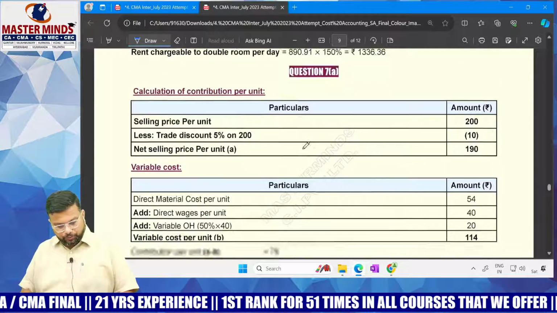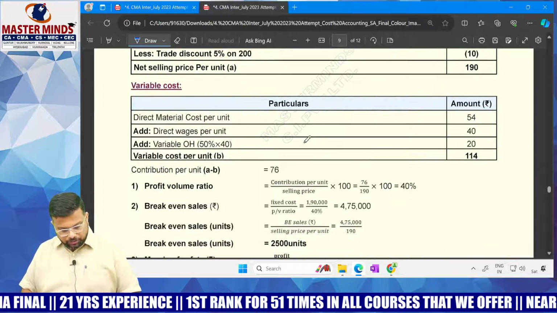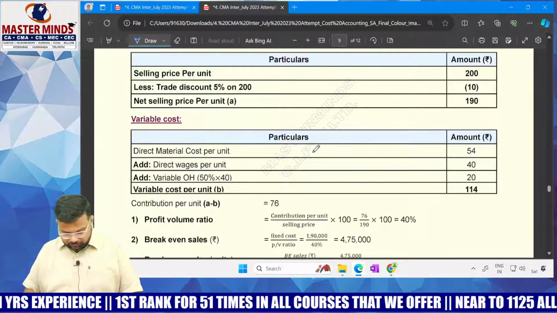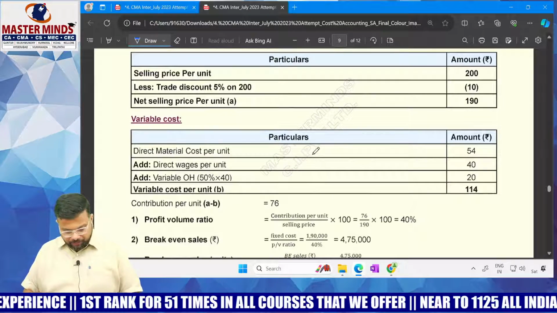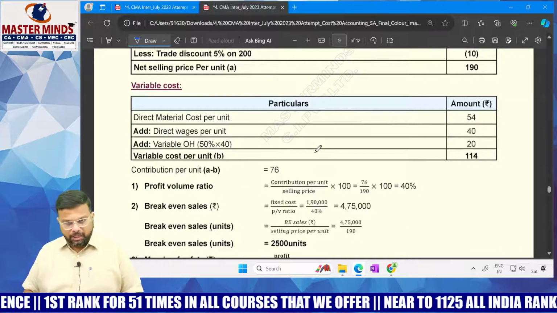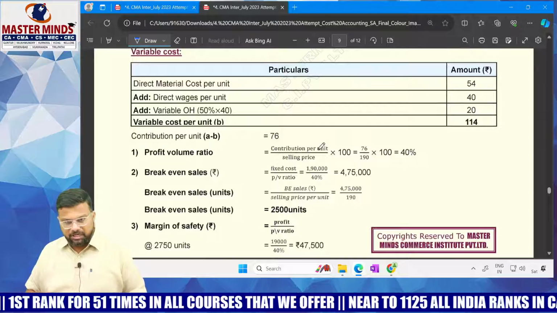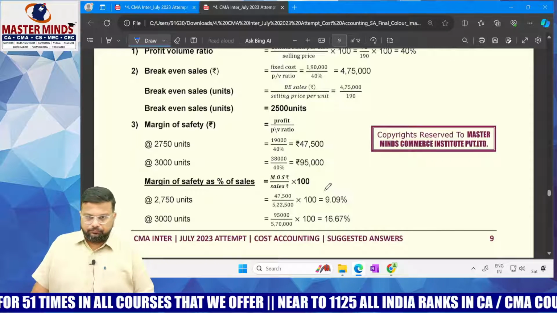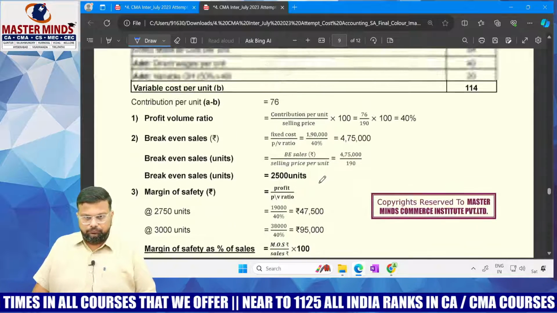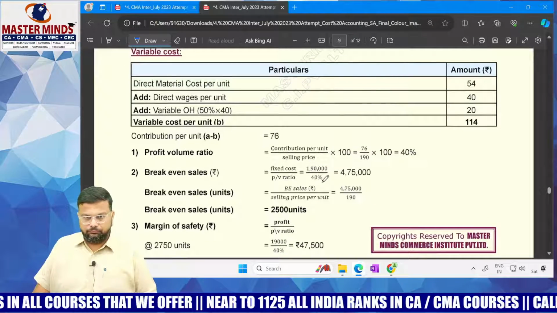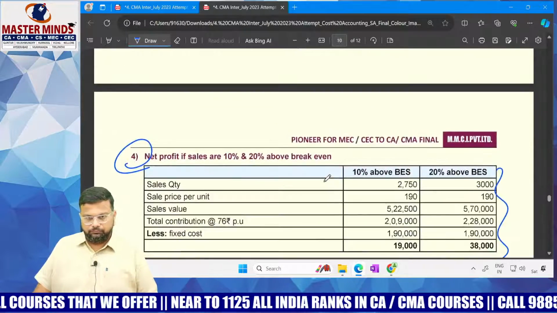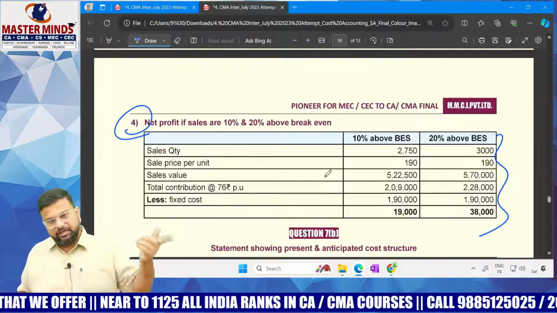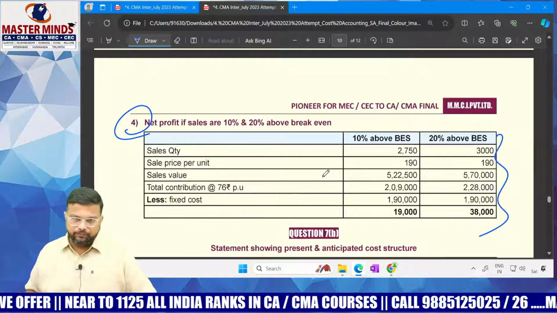We have calculated contribution per unit, we have calculated variable cost, contribution per unit is 76, right? So selling price, contribution. Profit volume ratio we have calculated, break even sales in rupees and break even sales in units we have calculated. Next, then we have calculated the fourth one, then we can calculate the above information.